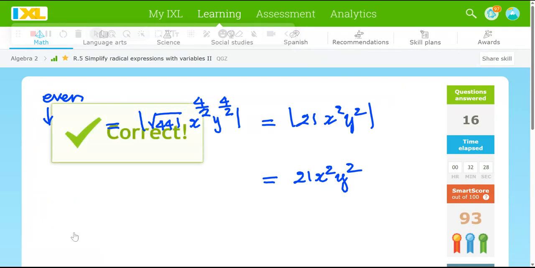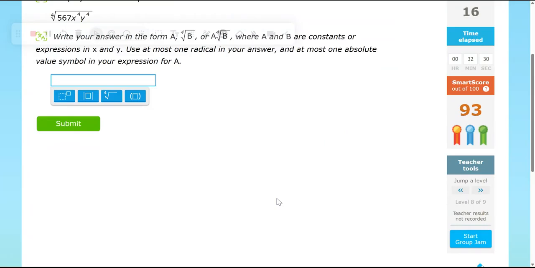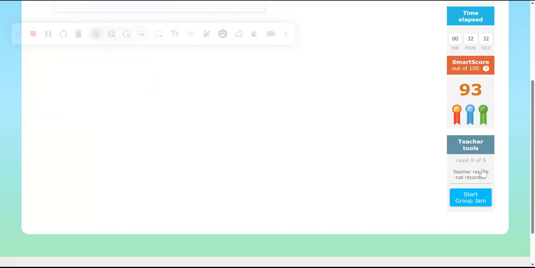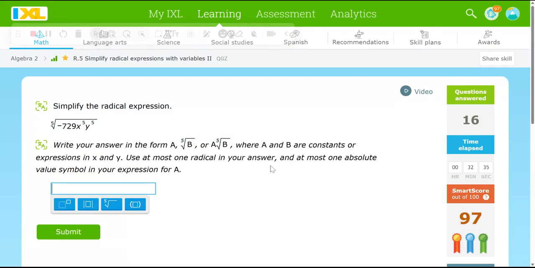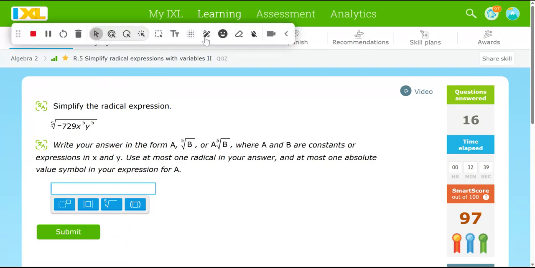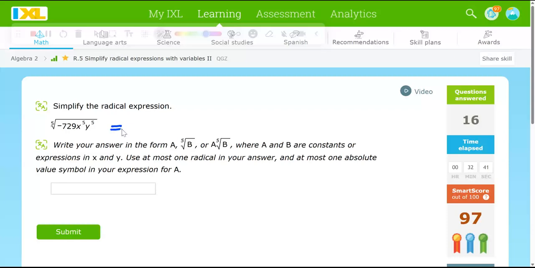Voila, done. Alright, let's do one last one, level 9, and then we're done. Okay. 729, we did a second ago. 729 is 3 to the 6. We already know, we did earlier. And now x to the 5th, and then y to the 5th.